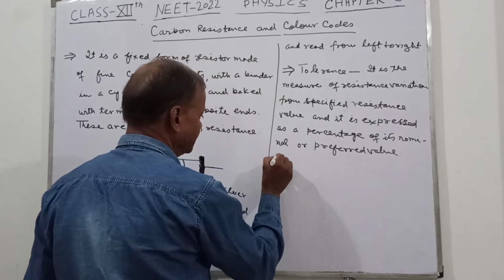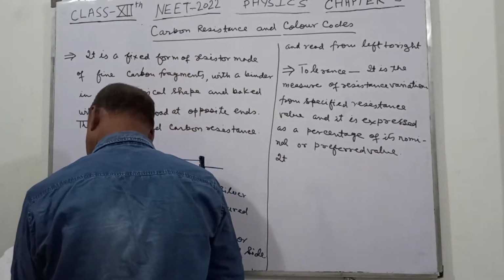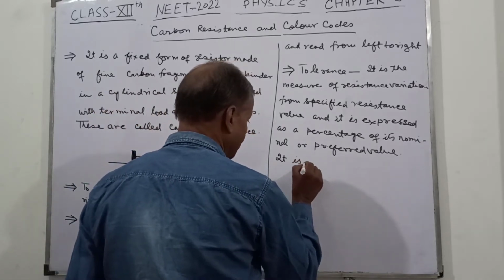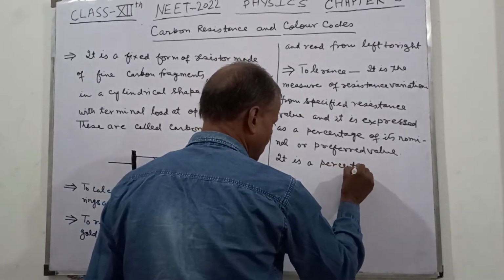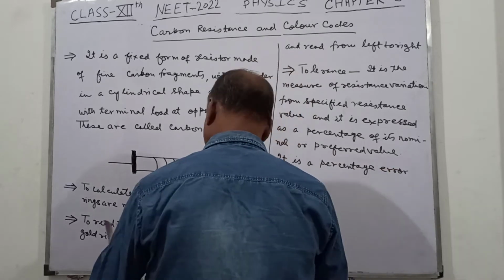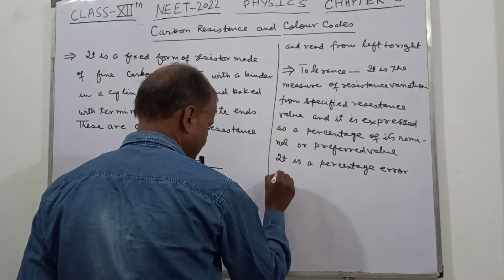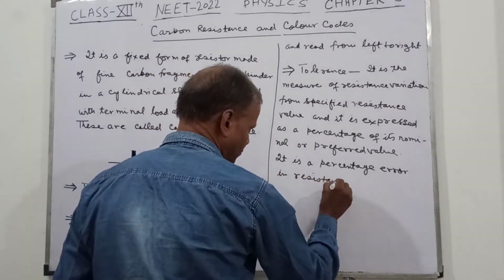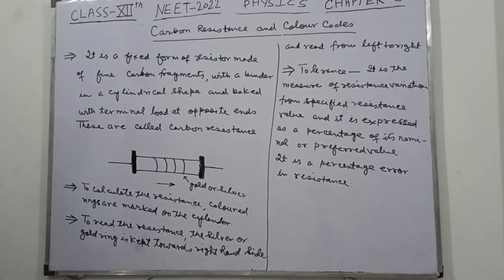It is a percentage error in resistance. This is the meaning of tolerance.